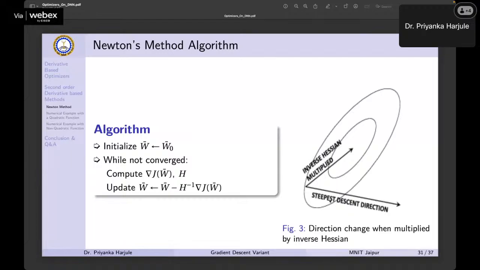Okay, so it is helpful to reconcile, in the sense that the steepest direction has changed, and it also ensures that the direction is pointing towards the optimum point.